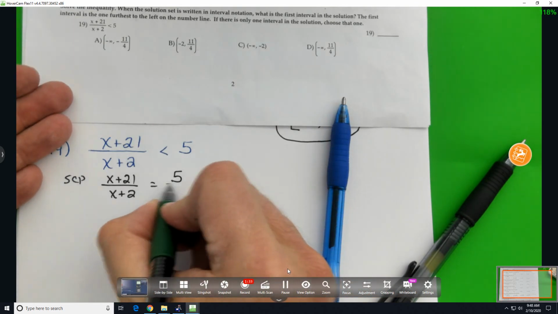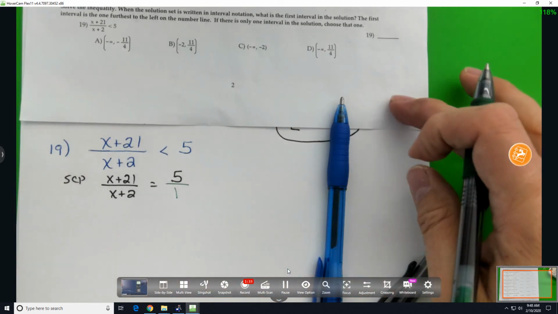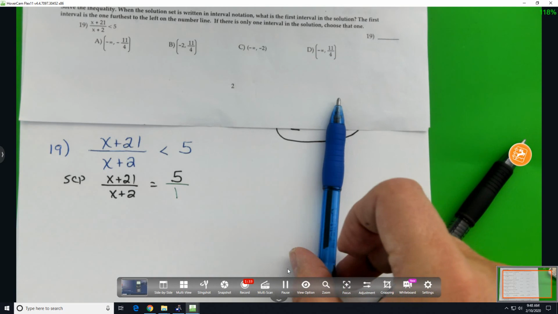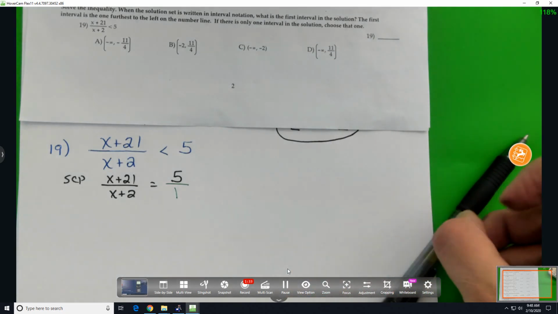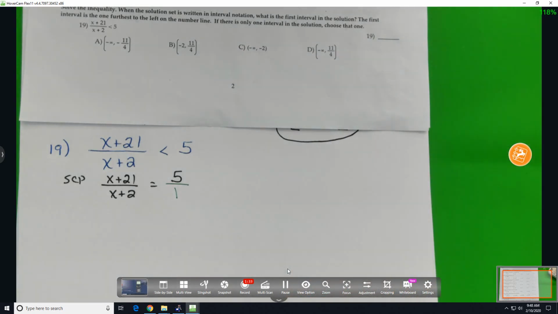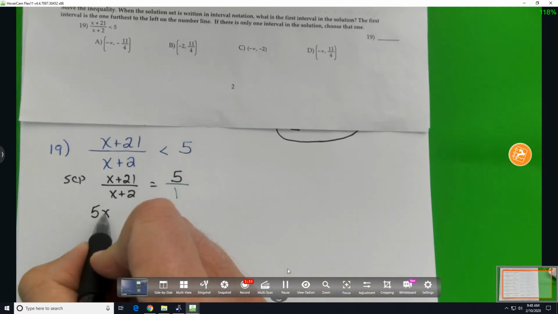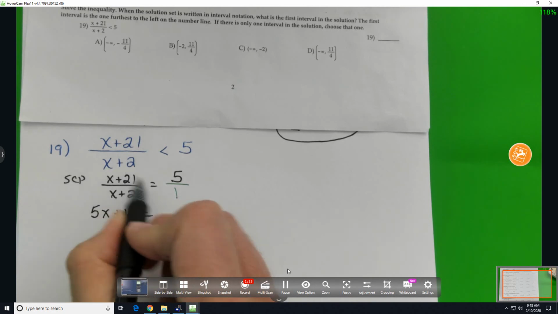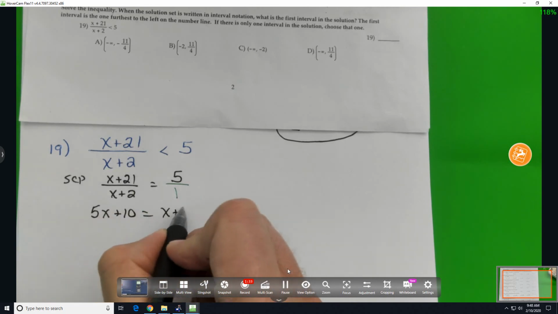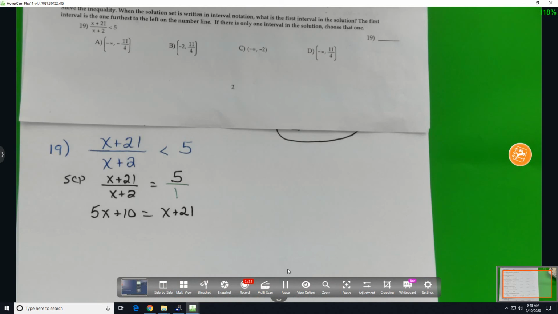And to solve this equation, I'm going to write that 5 as 5 over 1 because I'm about to do what? Cross multiply. Okay? So we'd have a 5x plus 10 equals x plus 21. No factoring here, is it? It's a linear equation.